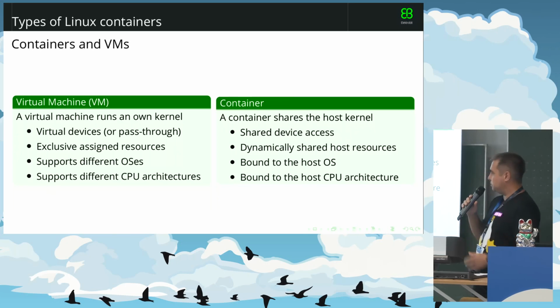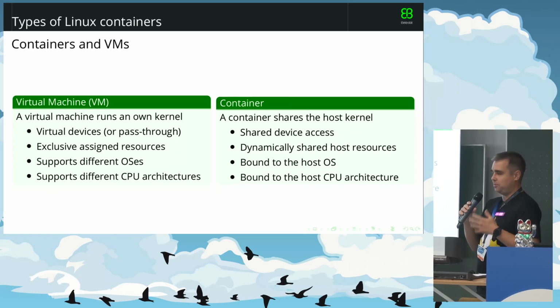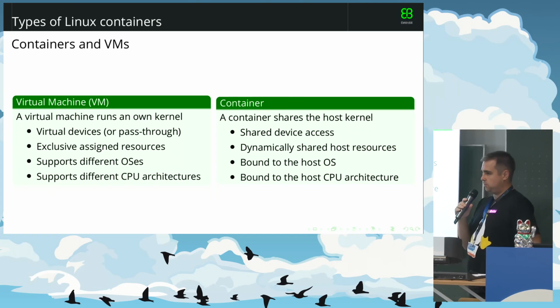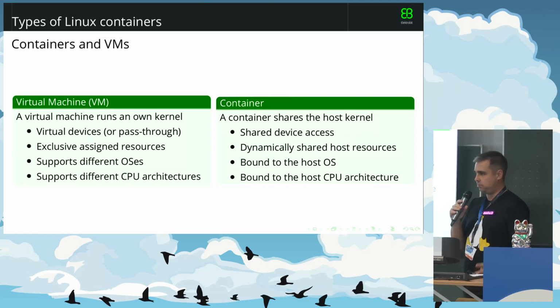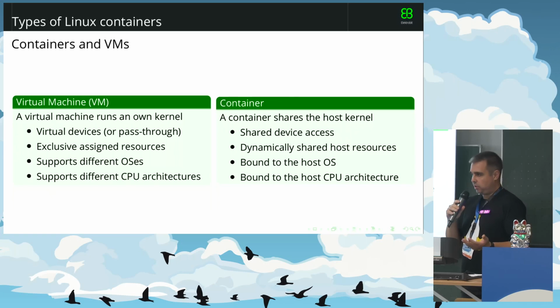Virtual machines were available already before containers, and the big difference is that a virtual machine runs its own kernel. So if you run a virtual machine, you can choose a kernel version, you can even run different OSs. You have all the freedoms to run what you want on this virtual machine, but this comes with difficulties and restrictions.